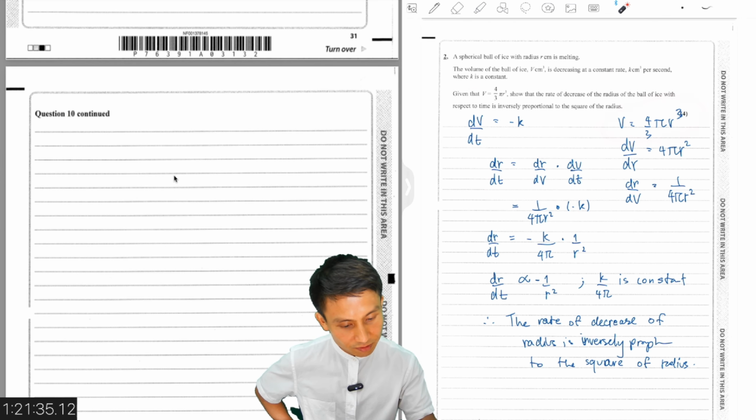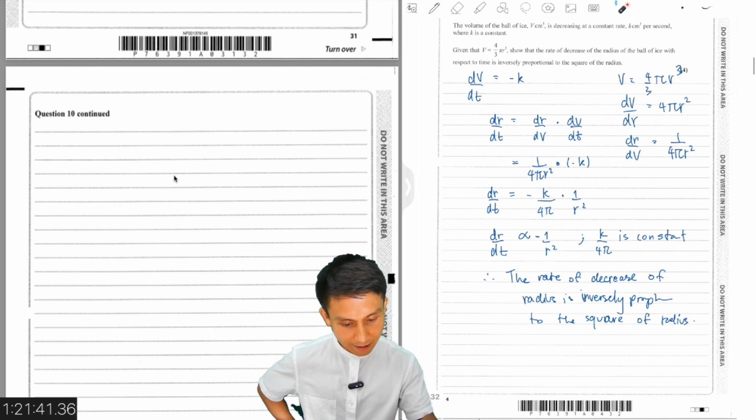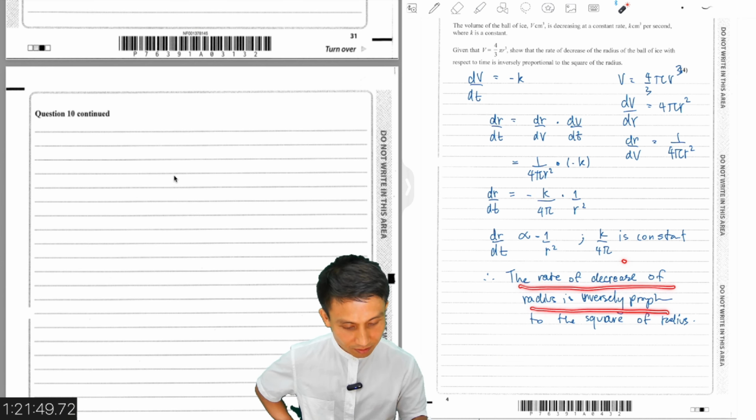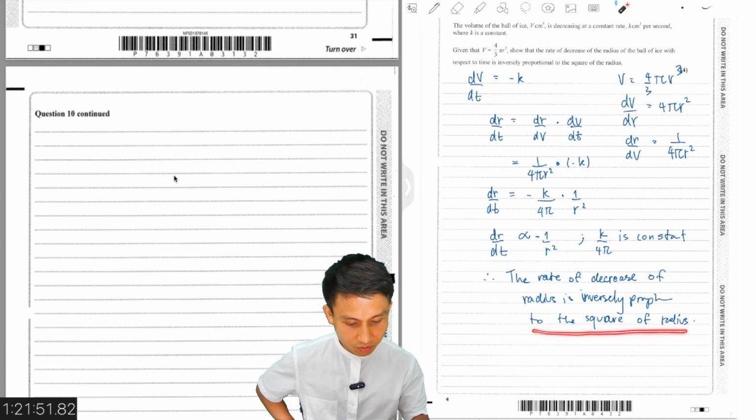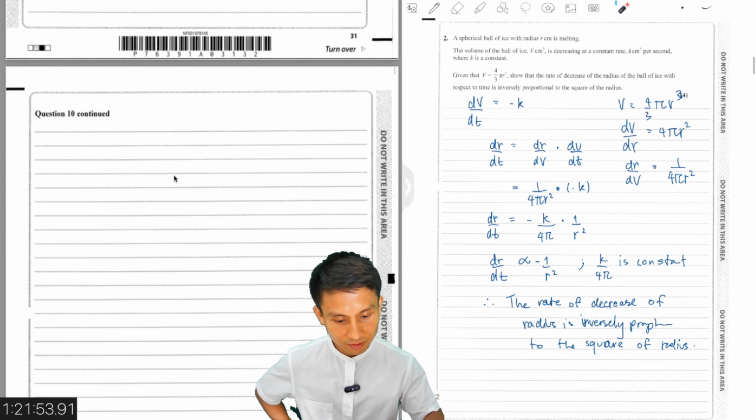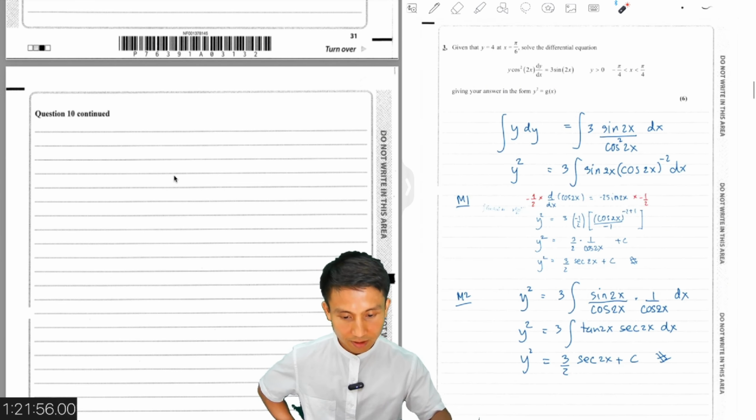This is the volume of the sphere. If we do dv by dr, we get 4 pi r squared. dr by dv is just the reciprocal of that. And then we have a k here over 4 pi r squared, still a minus. So the rate of decrease of the radius is inversely proportional to the square of the radius itself. That's fine.